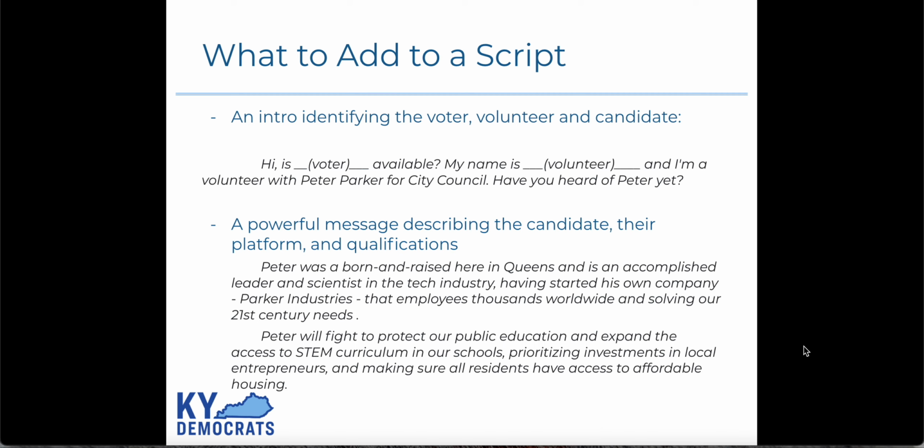If you got someone that was not Mary Jane at the door, you could still have a conversation with them about the candidate, but you would not want to mark responses in Vote Builder or on the paper packet, on the phone bank, in Minivan, as if you're talking to Mary Jane, because it is not Mary Jane. That's why asking and making sure you're getting the right voter is important.